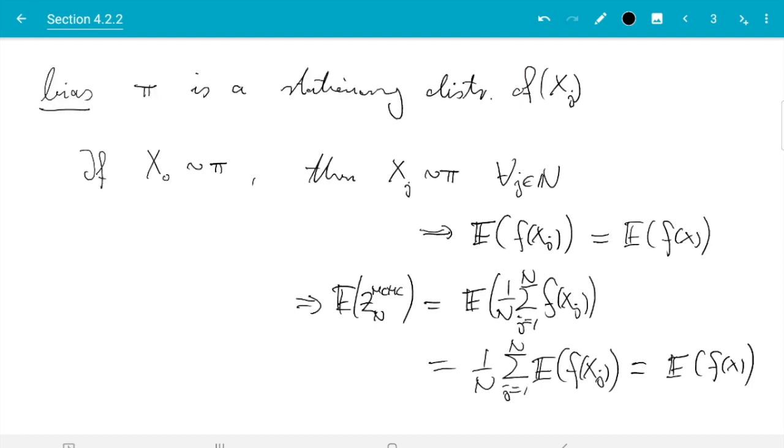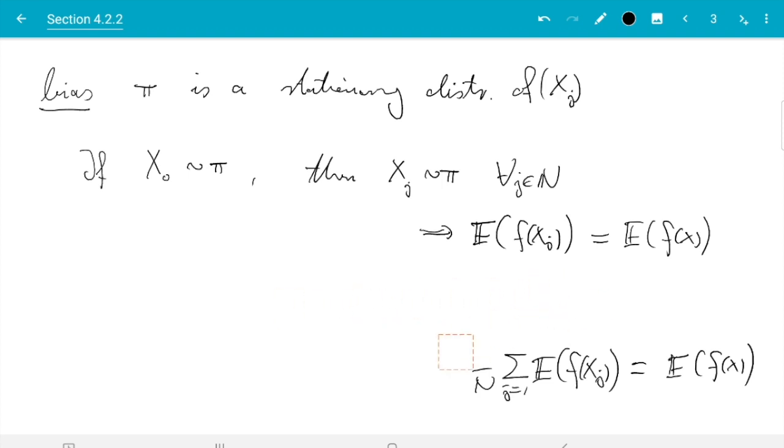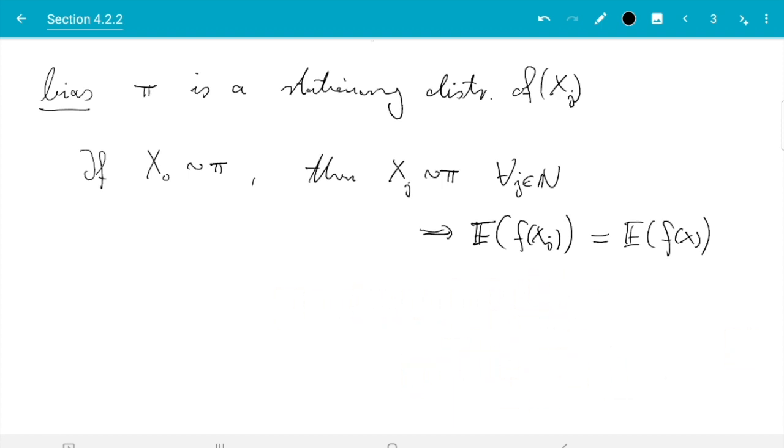Now, in our case, for Markov chain Monte Carlo estimates, that is no longer true like this, because the problem with this argument is this part here, where we say x0 is distributed according to pi. Namely, if we could generate x0 correctly with distribution pi, then we could just as well use a Monte Carlo estimate.